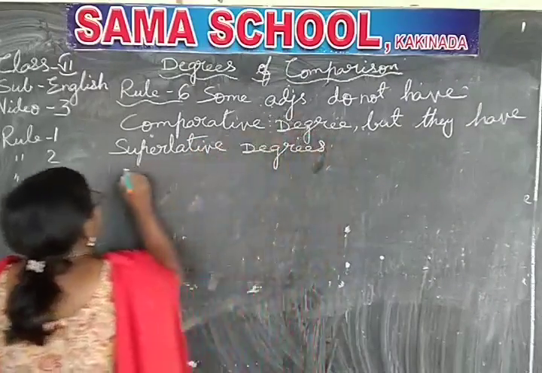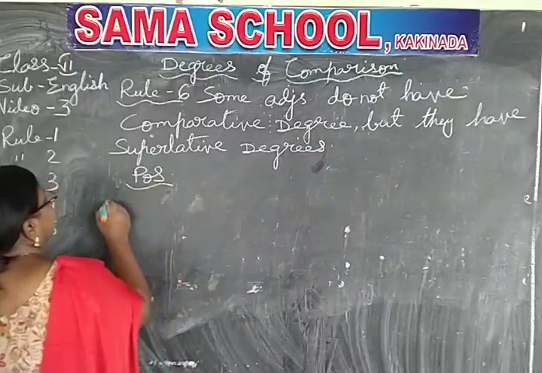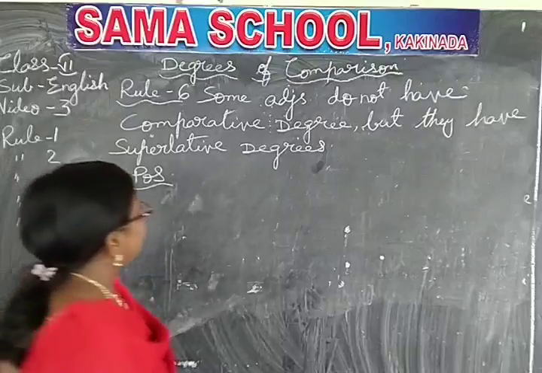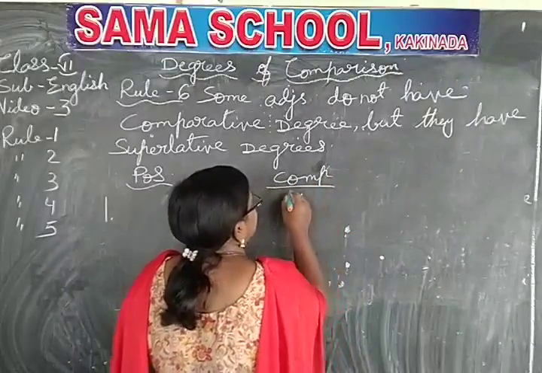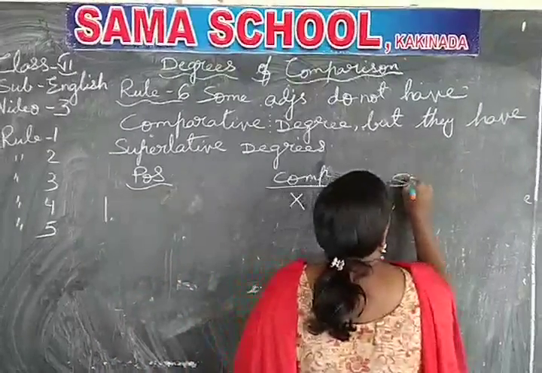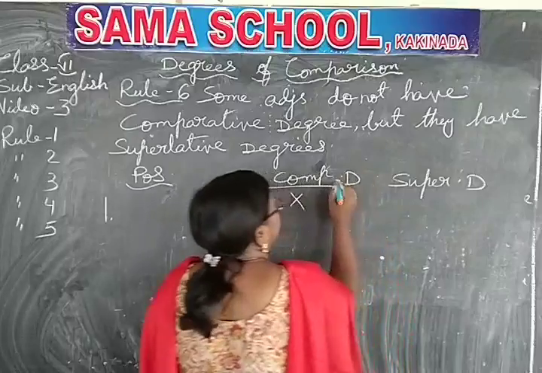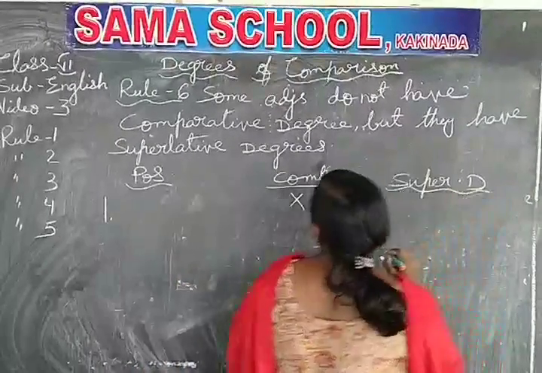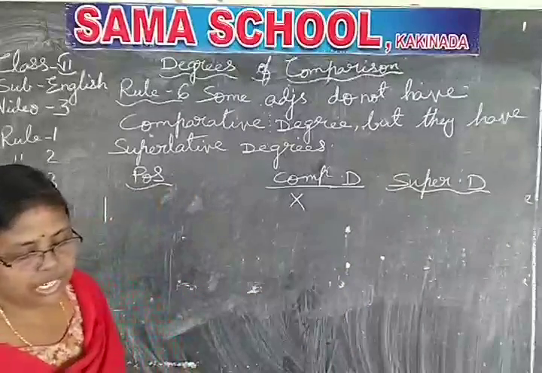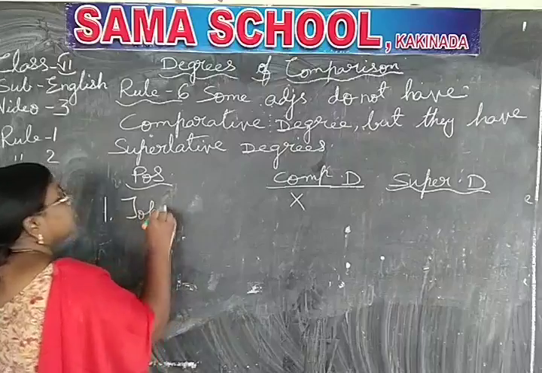Yes, a few adjectives are there. I'll tell you that also. Positive, first one. Next one is comparative: no comparative, it seems, only superlative degree. What are those words? Top. We say top floor.